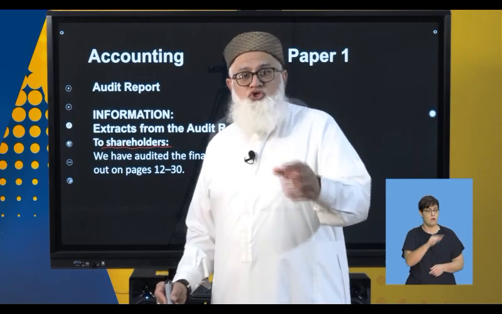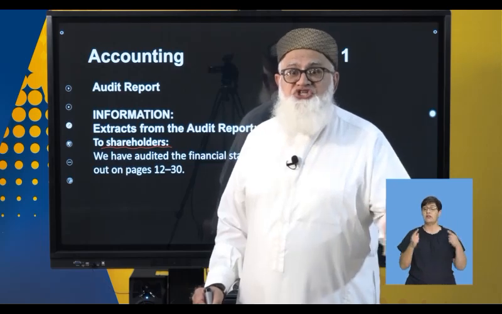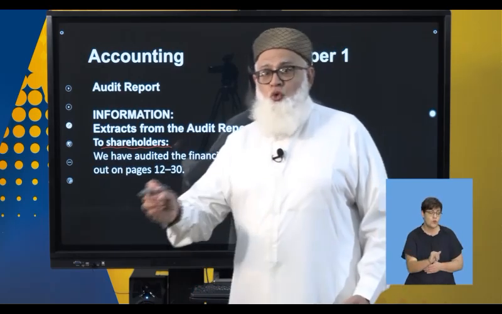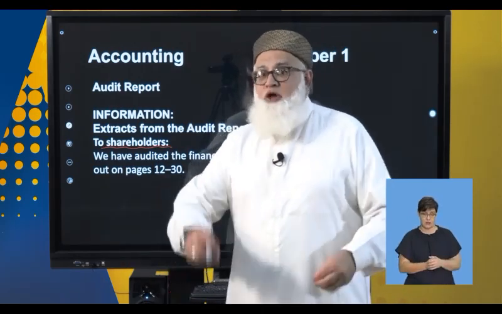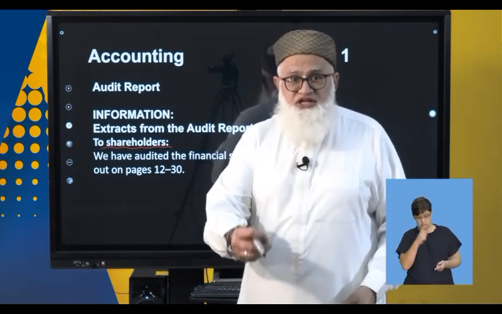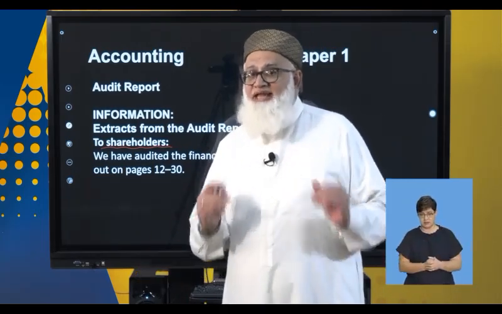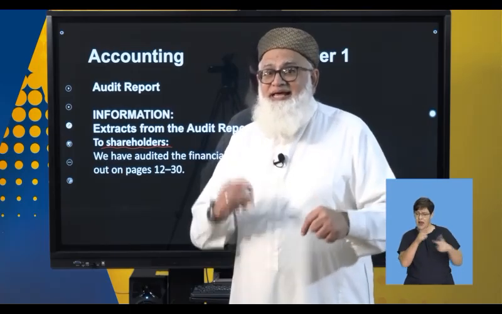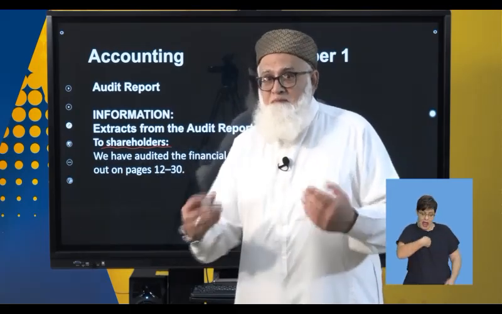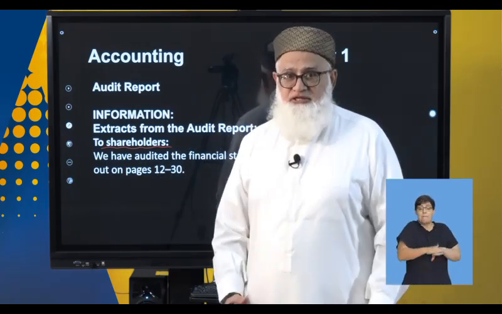Why? Because auditors are appointed by shareholders. To do what? To express an opinion on the financial statements of the company. Watch the use of the language. To express an opinion based on the evidence in front of them.